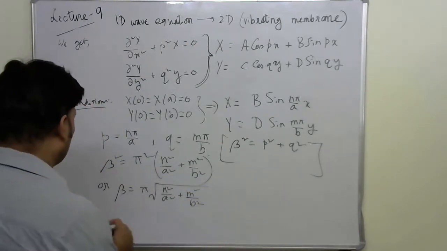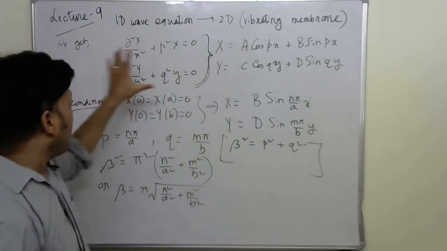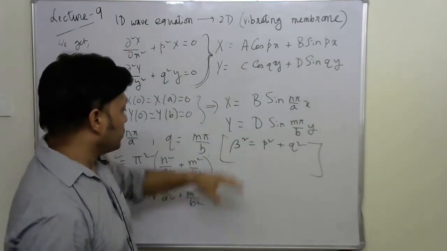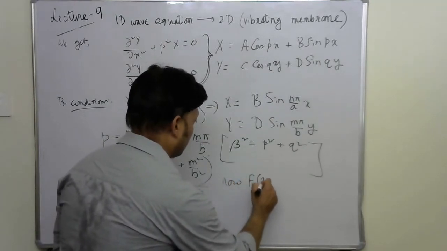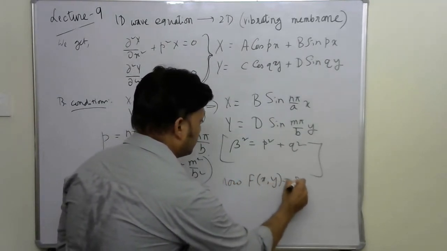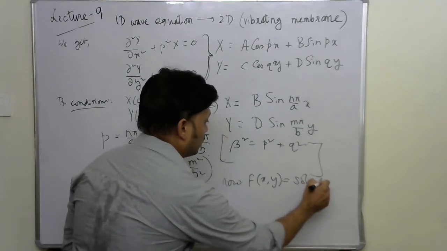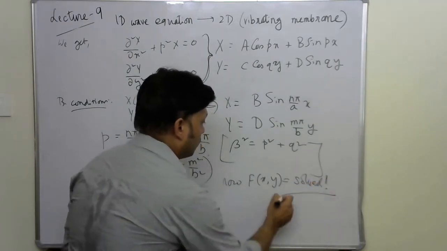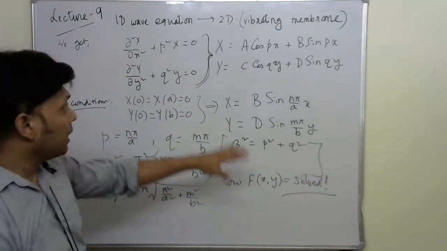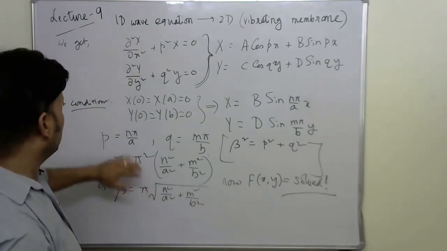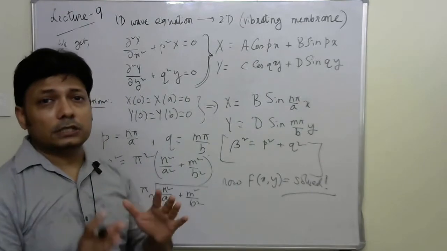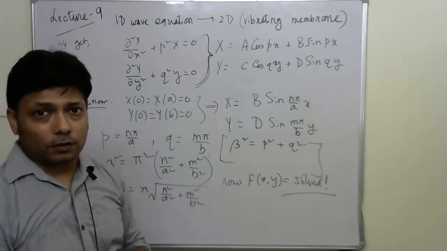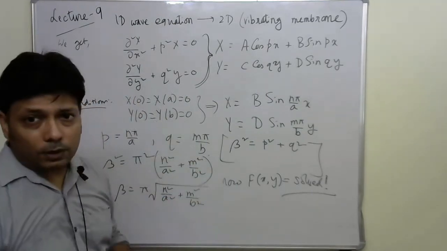Now this is the part of x and y, so this part is solved and we know the answer. Let's quickly come back and get the equation for the time part, that means the function T in terms of time t. Let's quickly find that out.